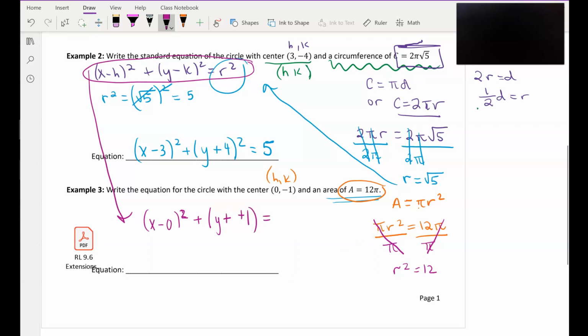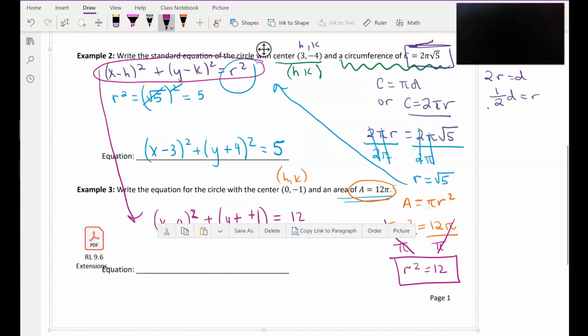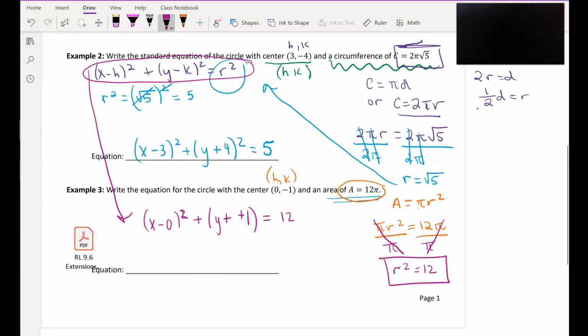And then we said for r squared, we got 12, so that would all equal 12. When we rewrite this, instead of writing x minus 0, it doesn't matter what x is. If I subtract 0 from x, it's just x. So instead of writing x minus 0, I would just write x squared plus y plus 1 in parentheses squared equals our r squared value of 12.